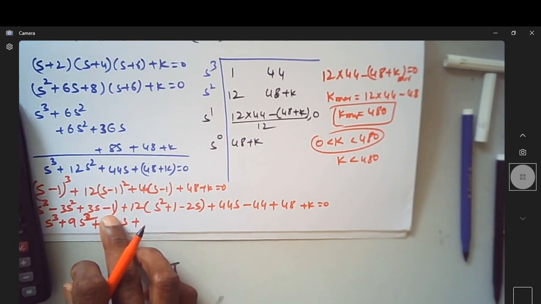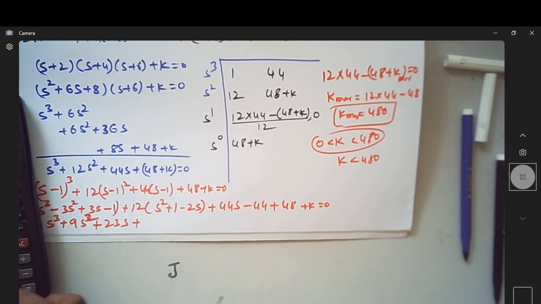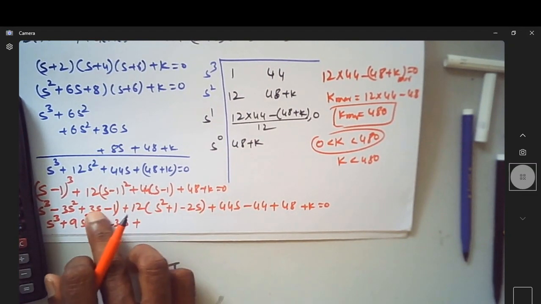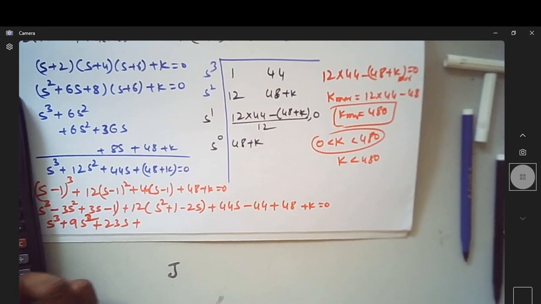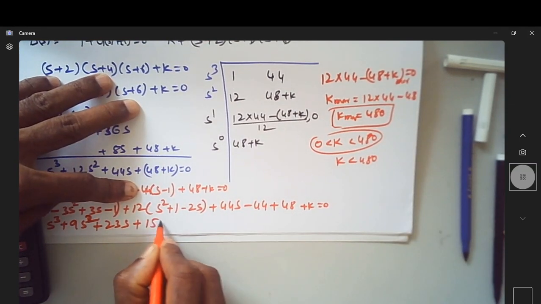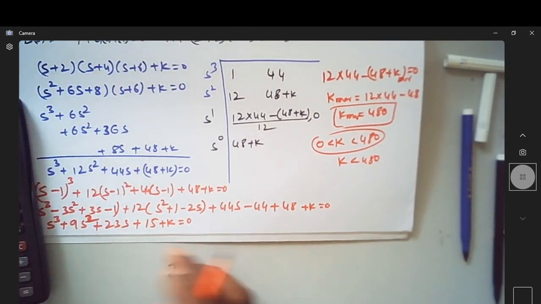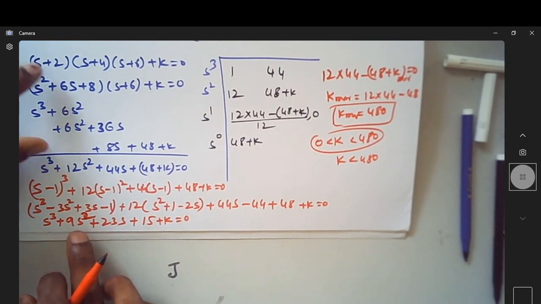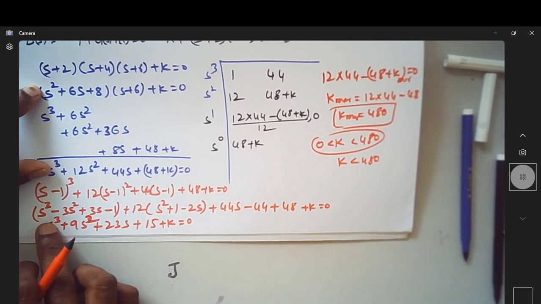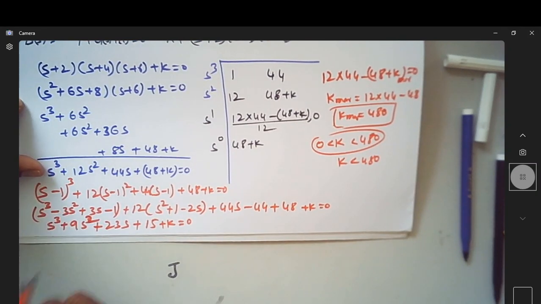What will be the s power 0 term? It is minus 1 plus 12 minus 44 plus 48, which is 15 plus k. So this is my modified characteristic equation by replacing s by s minus 1.